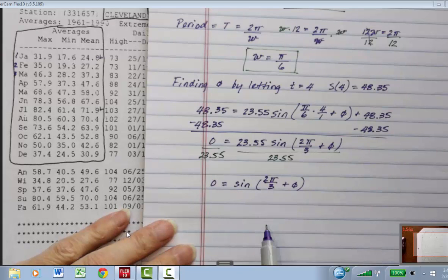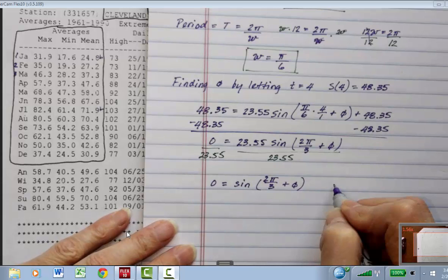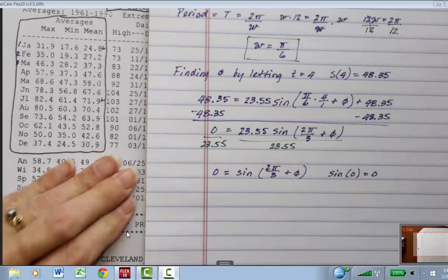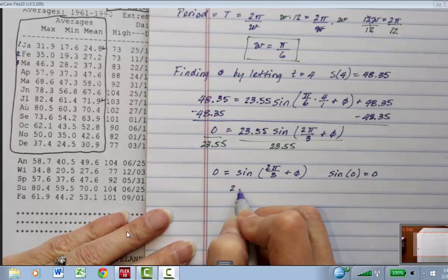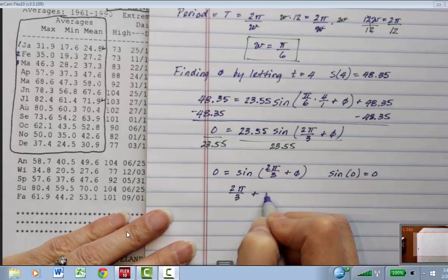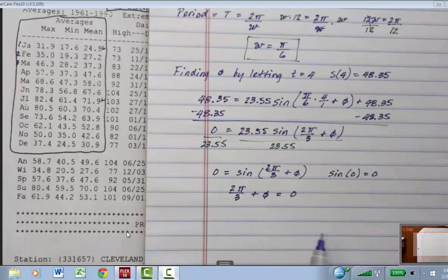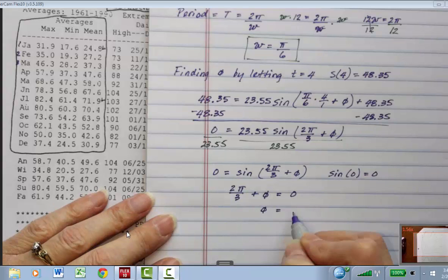So remember that the sine of 0 is 0. And I'm going to say, okay, then let's take what's inside of these parentheses, 2 pi over 3 plus phi, and say that's equal to 0. If this is 0, sine of 0 is 0. And then I solve this for phi, and I end up with phi is equal to 2 pi over 3.